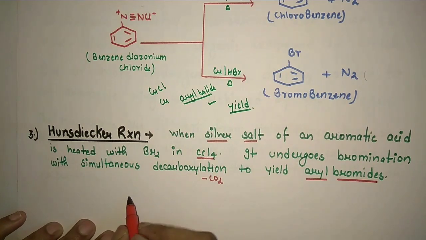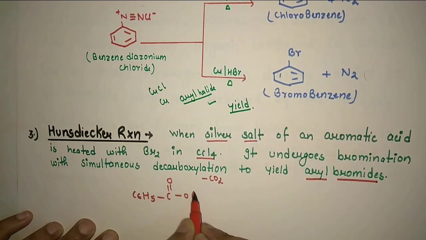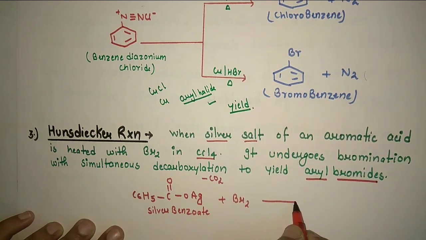This is the silver salt of benzoic acid, C6H5COOAg. This is also known as silver benzoate. So when it reacts with bromine in the presence of carbon tetrachloride, what will happen?